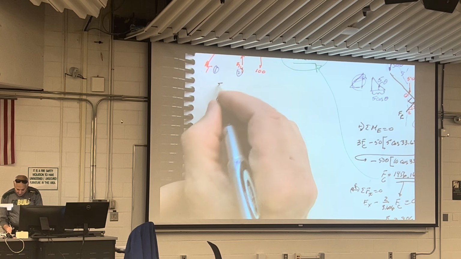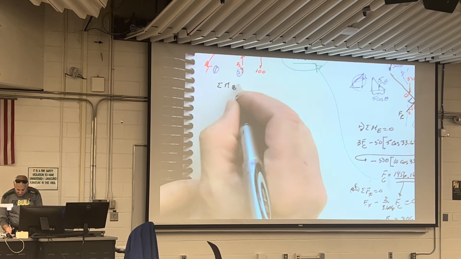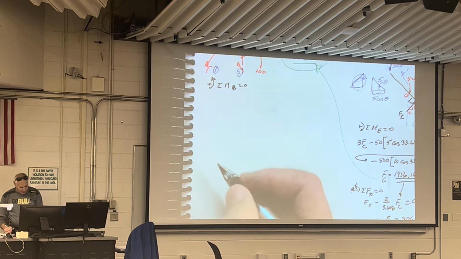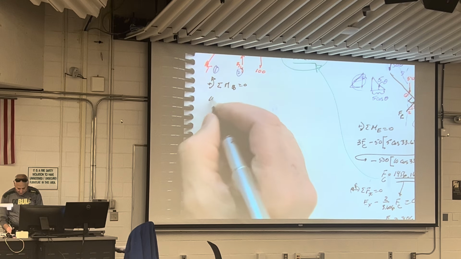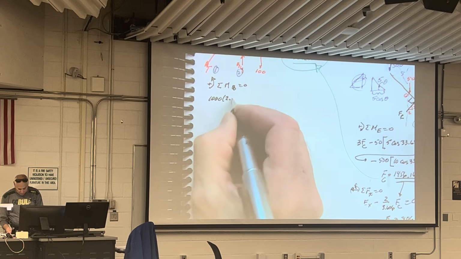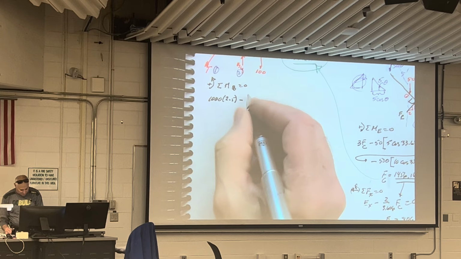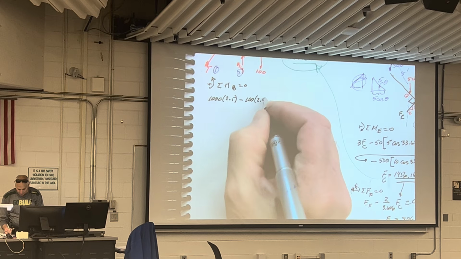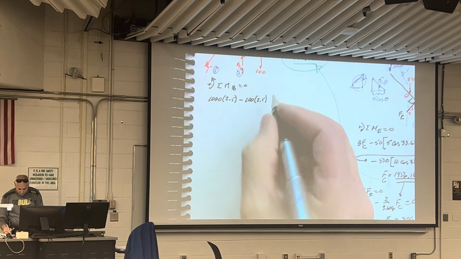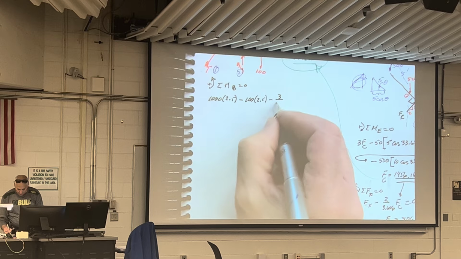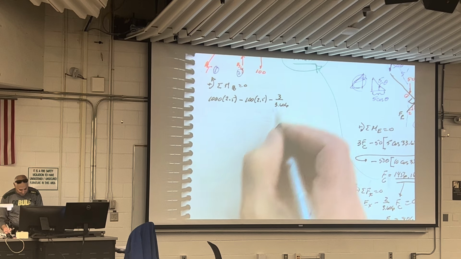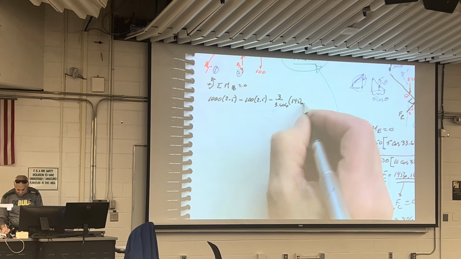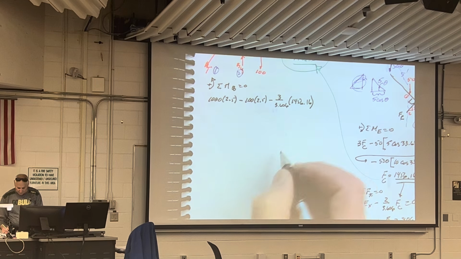I'm gonna do some moments about B equals 0. Counterclockwise positive, 1,000 times 2.5 minus 100 times 2.5 minus 3 over 3.606 times 1456.16.